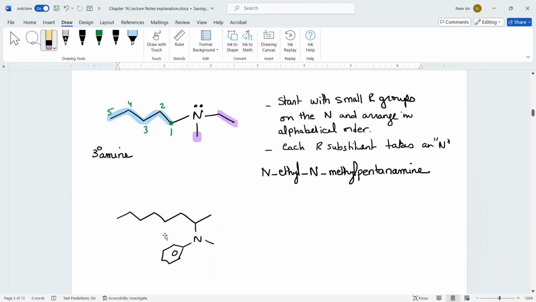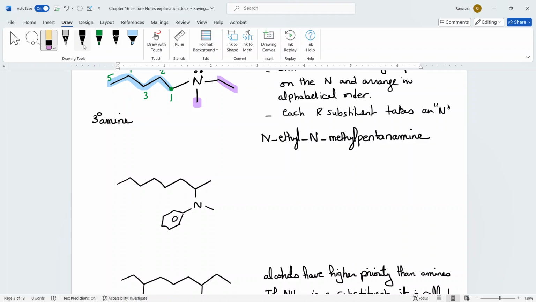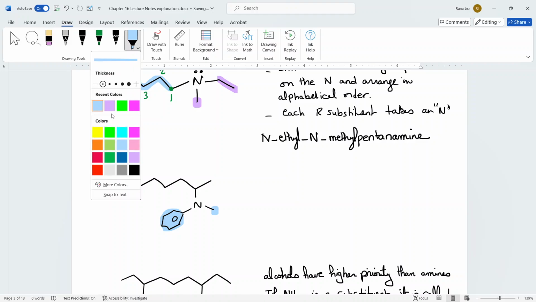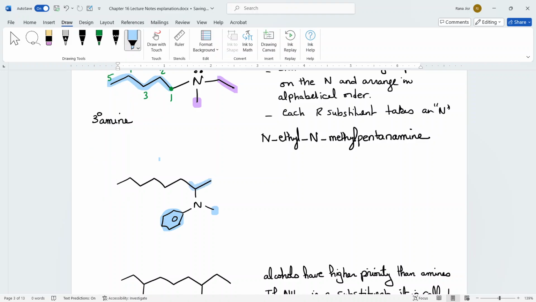Same idea for this example, just know the identity of the nitrogen that you are working with. So this nitrogen has what? It has a methyl group that is connected to it. It does have a phenyl group. This is a benzene, and benzene, when it is a substituent, we call it a phenyl group, okay? And then it does have a chain in there, and that chain has 1, 2, 3, 4, 5, 6, 7, and 8 carbons.